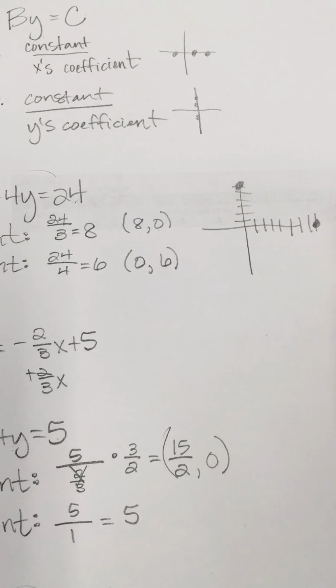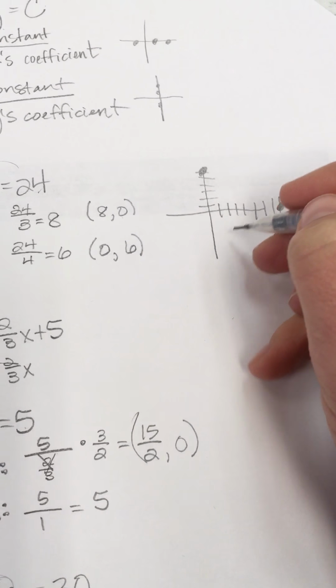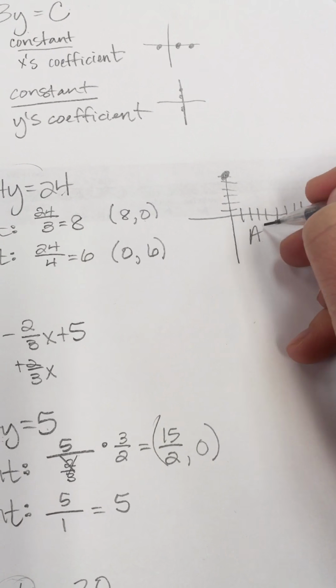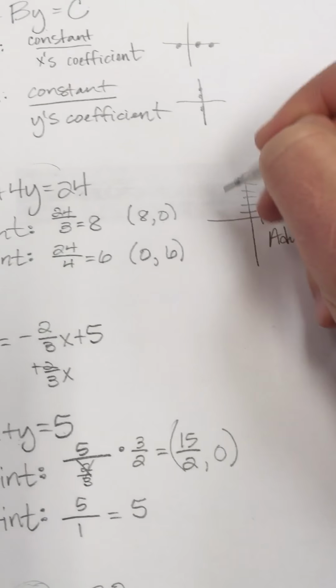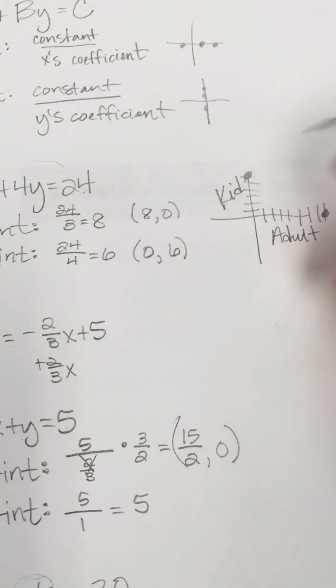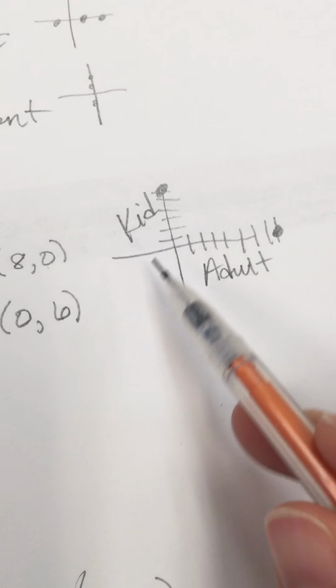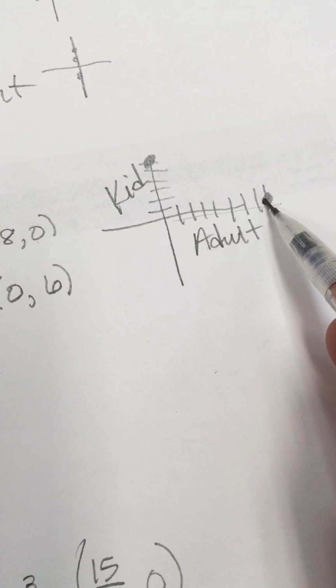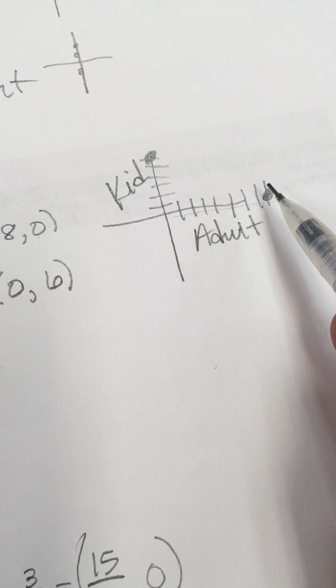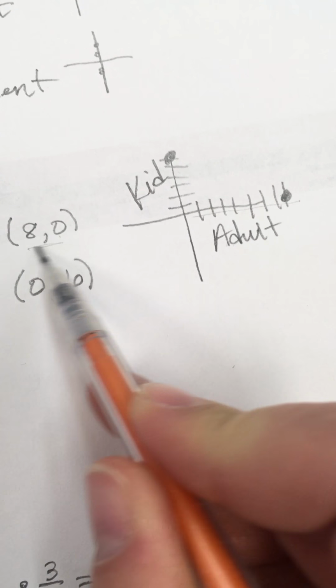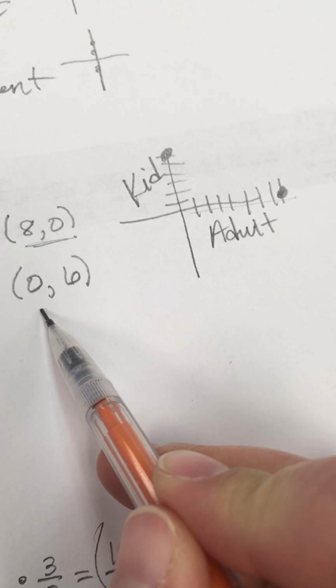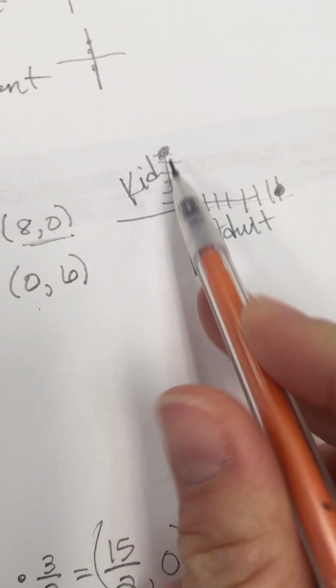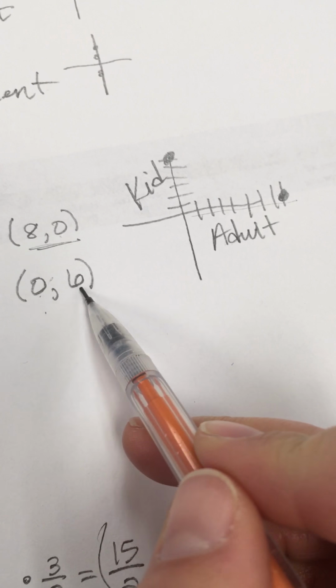Let's say that we were talking about selling tickets. So the x-axis was adult tickets and the y-axis was kids tickets. Remember what this means. This would mean that at this point, there were 8 adult tickets and 0 kid tickets. Because remember (8, 0)? And this would mean there were 0 adult tickets and 6 kid tickets.